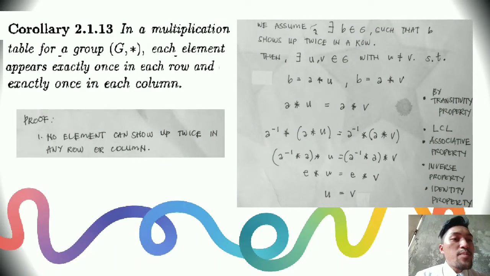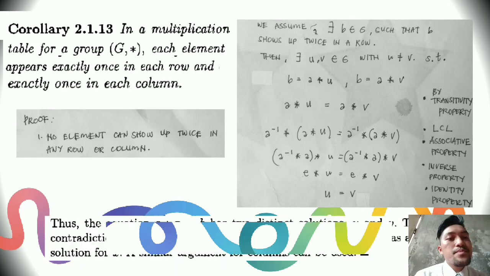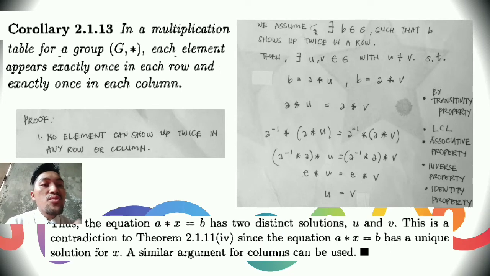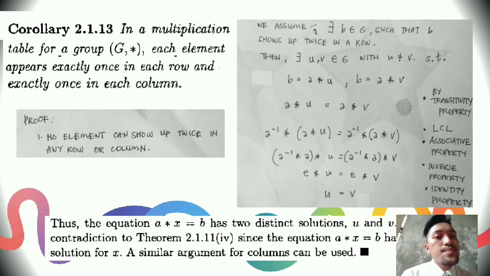And then, getting the inverse property, we will have A star U equals A star V. By the identity property, we will then have U equals V. Thus, the equation A star X equals B has two distinct solutions, U and V. This is a contradiction to Theorem 2.11, since the equation A star X equals B has a unique solution for X. A similar argument for columns can be used.